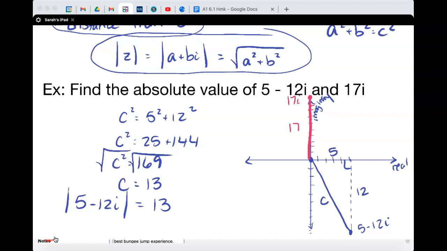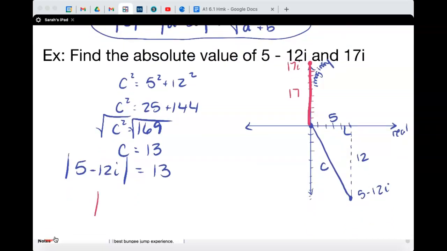Here's 17, a vertical distance. So the absolute value of 17i is just 17. It's 17 units away from 0. I don't even need to do the Pythagorean theorem because I can't even create a triangle. Nice, right? That is all we're doing today.